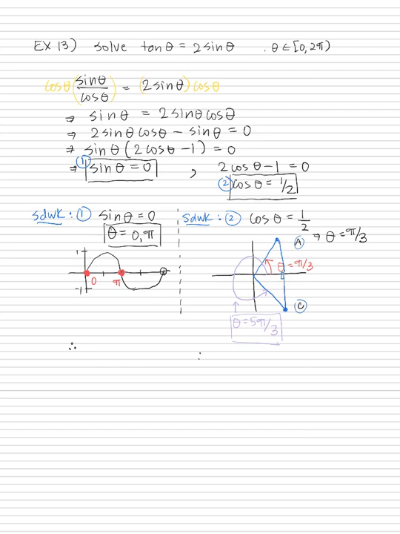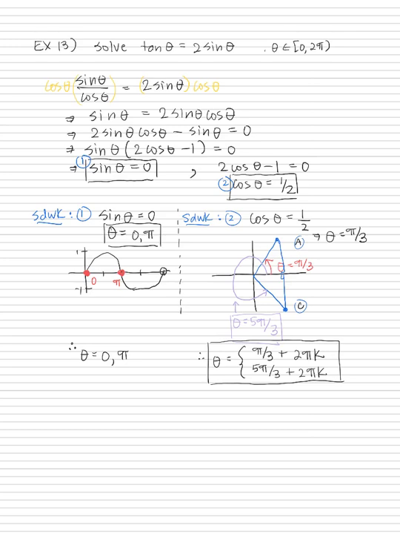So it looks like our theta is going to be pi over 3 plus 2 pi k, and then 5 pi over 3 plus 2 pi k. And on this side, your answer is always only going to be 0 and pi. Let me box that.